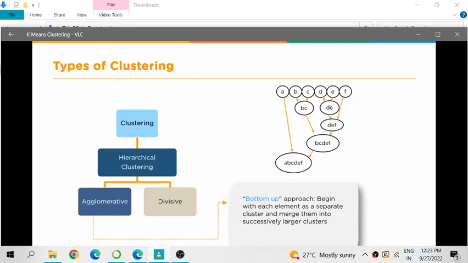In this also we'll have two types: agglomerative clustering and divisive clustering. In the case of agglomerative clustering, it is a bottom-up approach. That means whatever samples you have in your data set, all those samples will be treated as an individual cluster at the beginning.